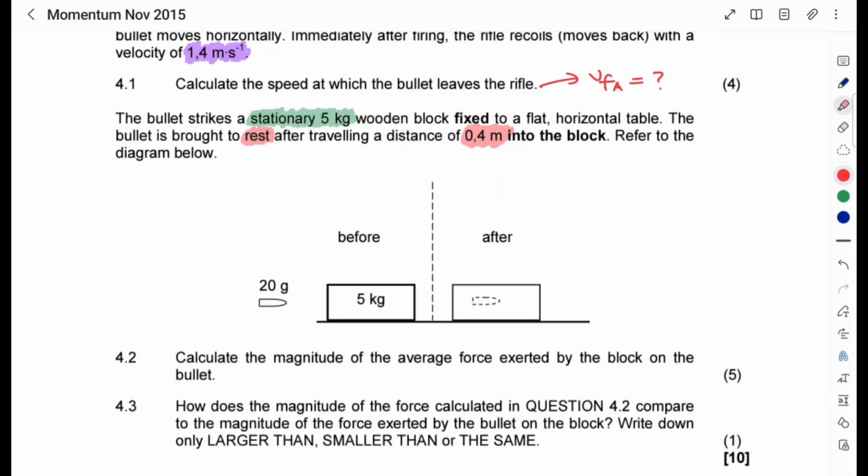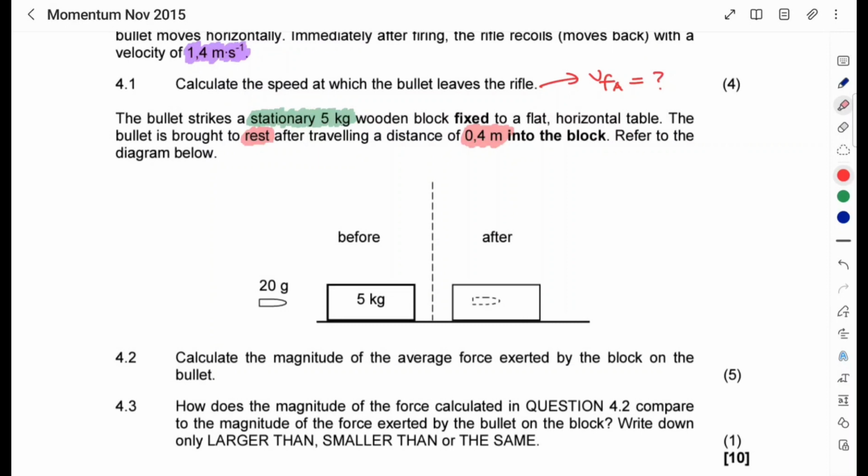Now, after this bullet enters the block, it travels for a distance of 0.4 meters before it becomes stuck inside of the block, whereby the velocity of the block is 0 because it is fixed, and now the velocity of the bullet is also 0 because it got stuck inside of the block.